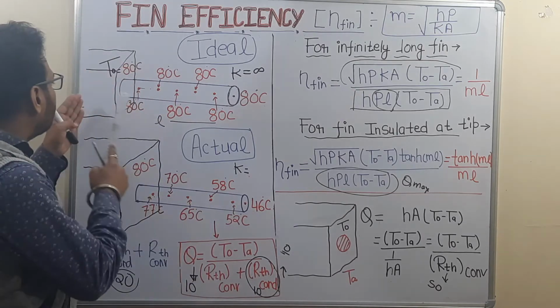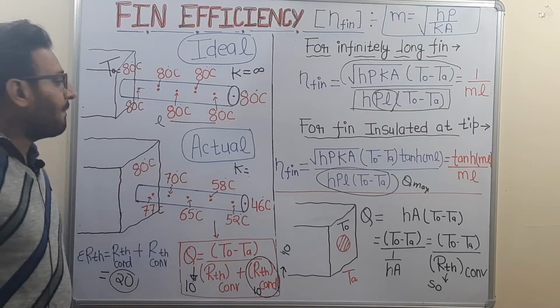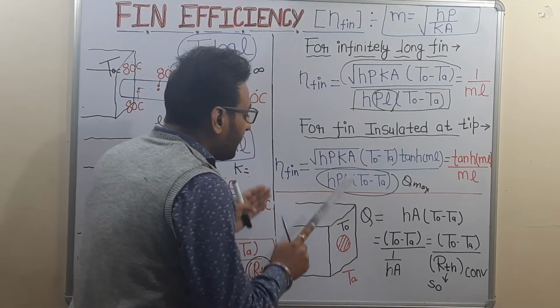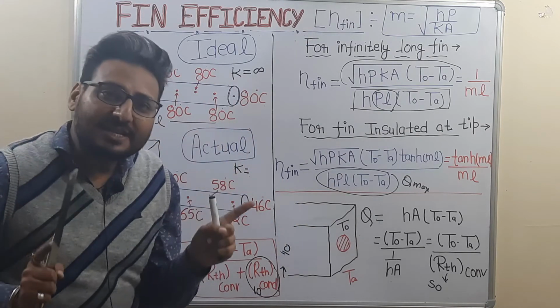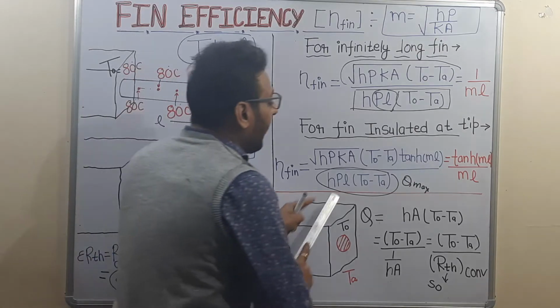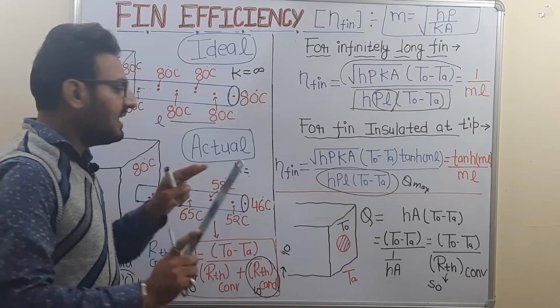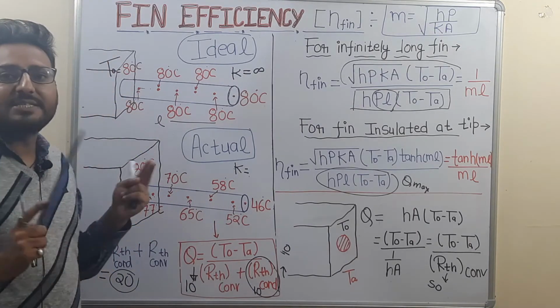Now consider these two diagrams with the application of the fin. You can see here the only thermal resistance between the wall and the atmospheric air is convective resistance. After the application of the fin, what is happening?